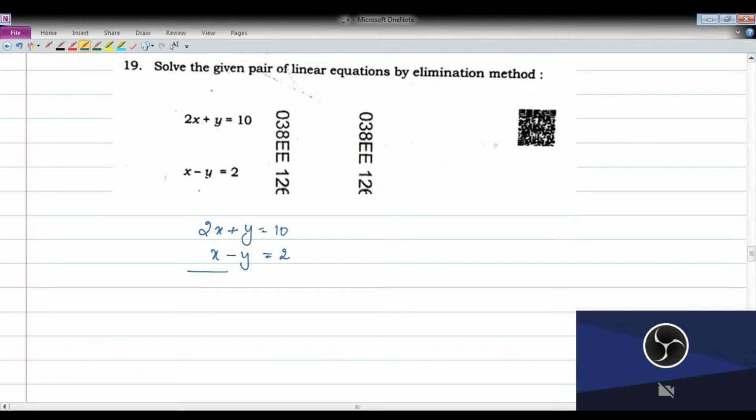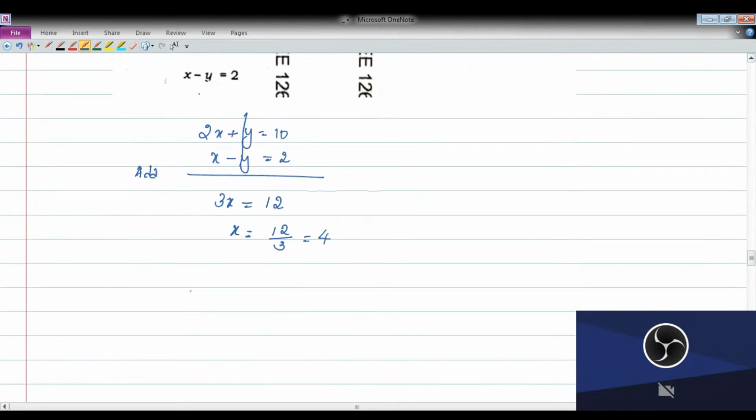If you add these two equations, what happens? Plus y will cancel with minus y. 2x and 1x added make 3x. 10 plus 2 is 12. x is equal to 12 divided by 3, that is 4. Now once you get the value of x as 4, substitute it in any one of the equations. Put x is equal to 4 in the simplest one, that is x minus y is equal to 2.